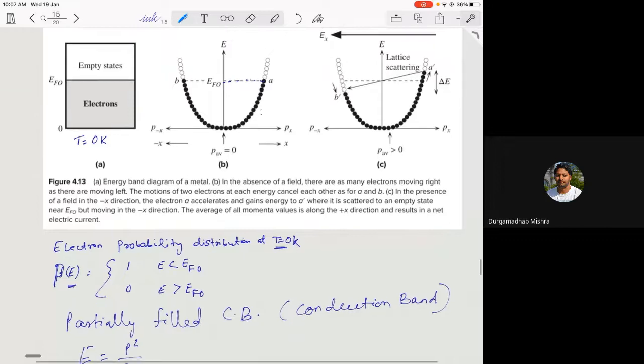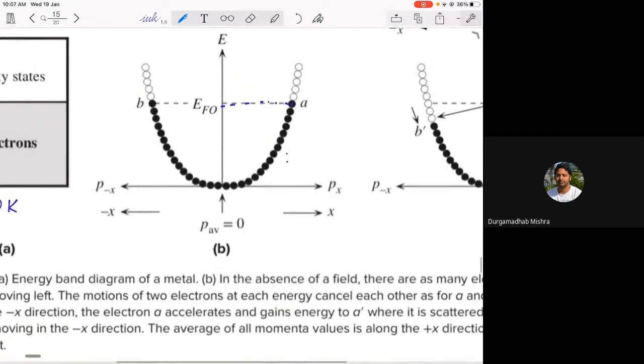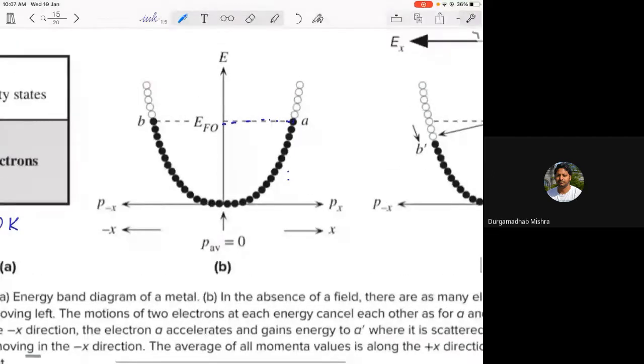When you put that in a band, this is a picture of a one-dimensional band. From the relation between E and p, it will be a parabolic function. The black dots, or closed circles, represent occupied electron states.